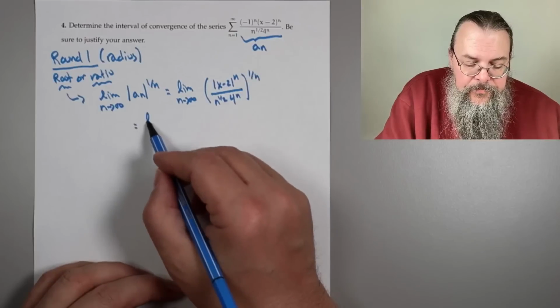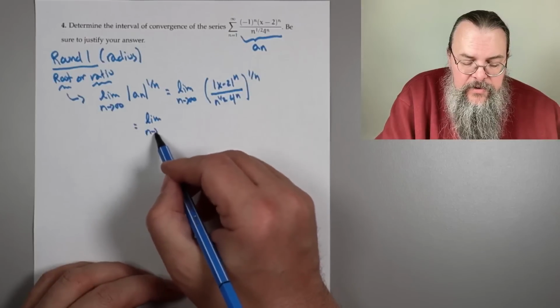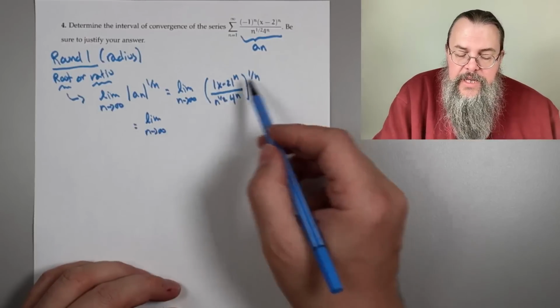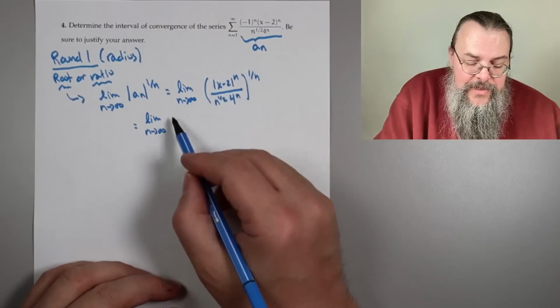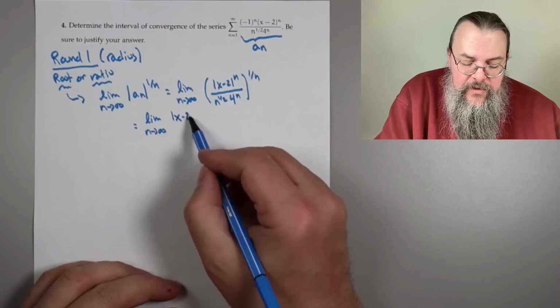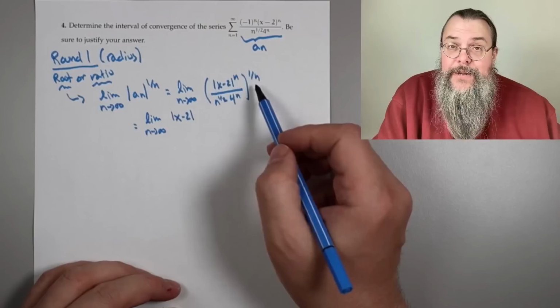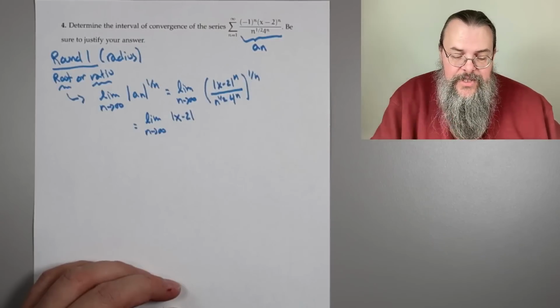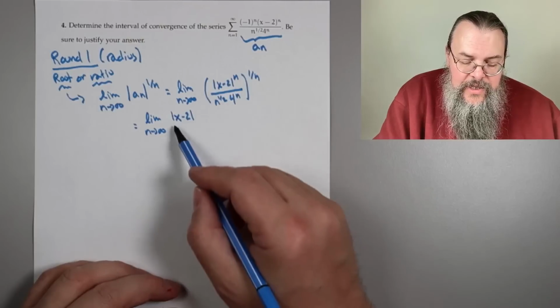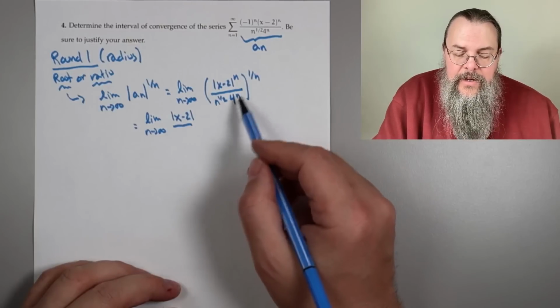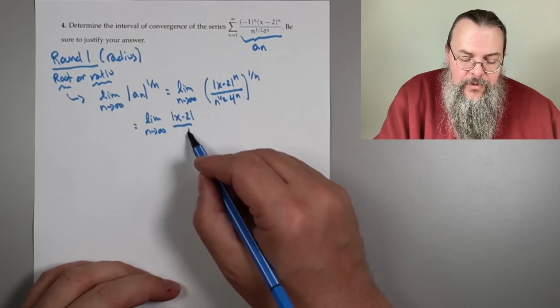So that's our limit as n goes to infinity. And now we bring in our nth powers. So we have the absolute value of x minus 2 to the nth power and the 1 over nth power completely undo each other. Downstairs, 4 to the nth to the 1 over nth becomes 4.